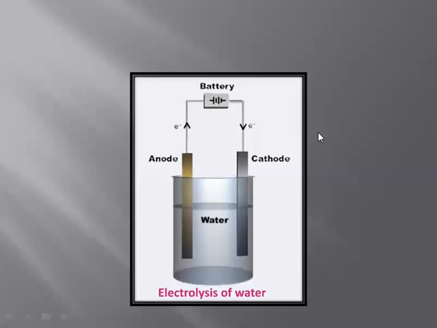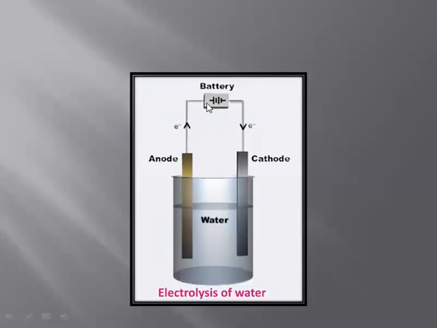If we observe, this diagram shows the experimental setup for the electrolysis of water, where we fill a beaker with water and add dilute hydrochloric acid. We place two carbon rods attached to the two terminals of the battery.